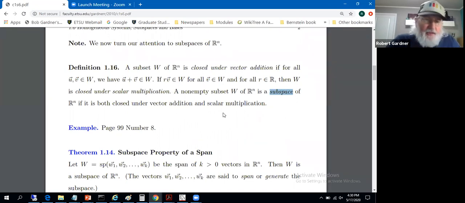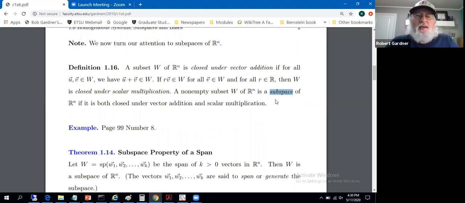Now, what do you call it when you combine vector addition with scalar multiplication? That's the L word, linear. You're taking a linear combination. So if you like vocabulary, we could rephrase this: closed under linear combinations means both of these types of closures.